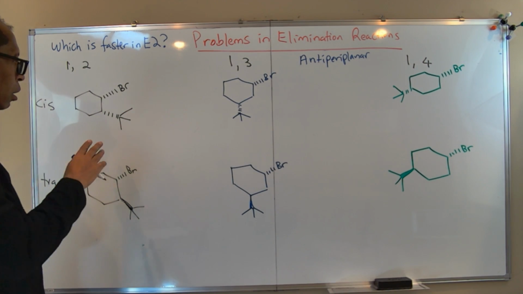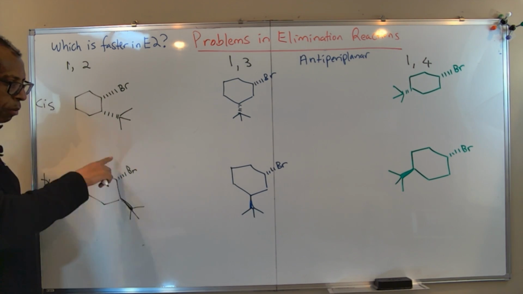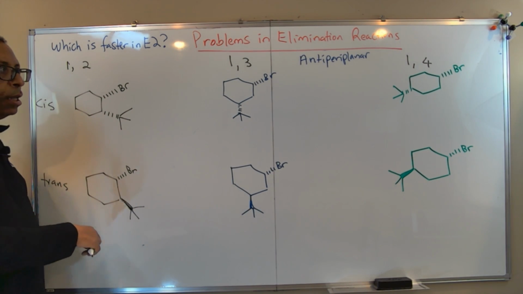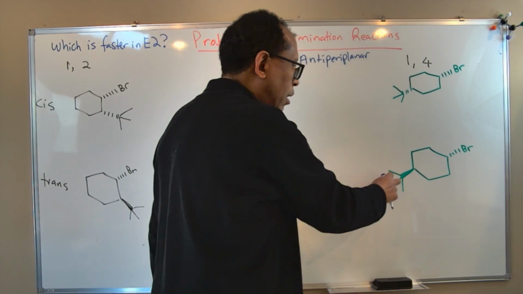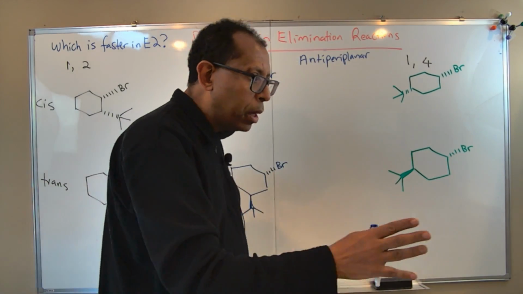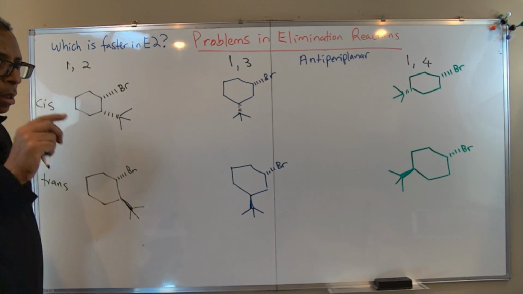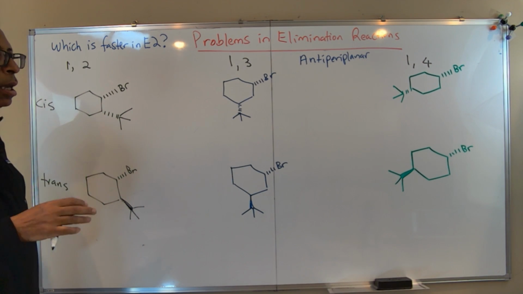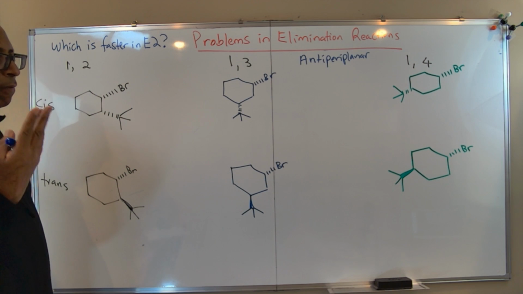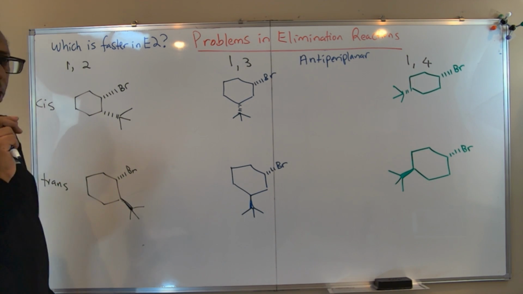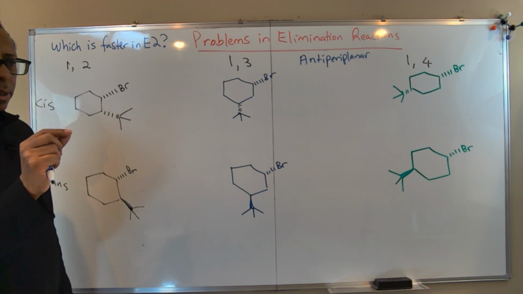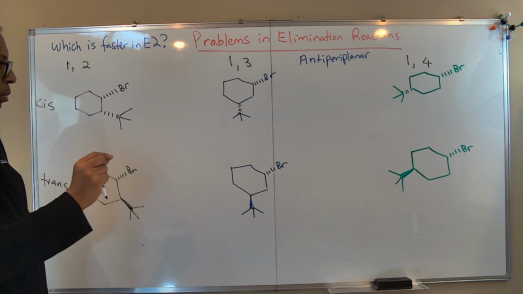So you need to draw the right chair conformation for each one of them, where the T-butyl group is always in the equatorial position. This is a fact in cyclohexanes. When we dealt with it in chapter 5, we said that the T-butyl group always has to be in the equatorial position.